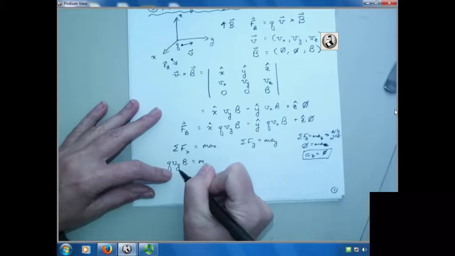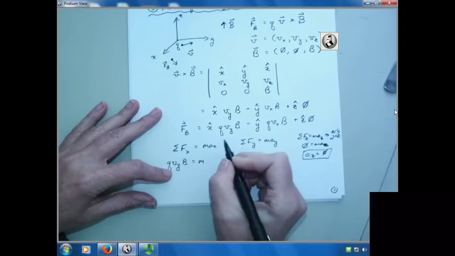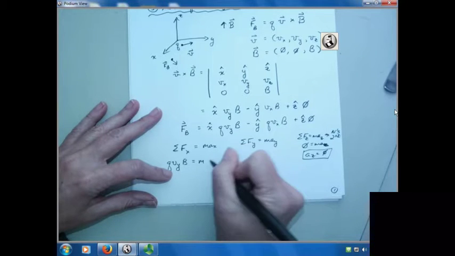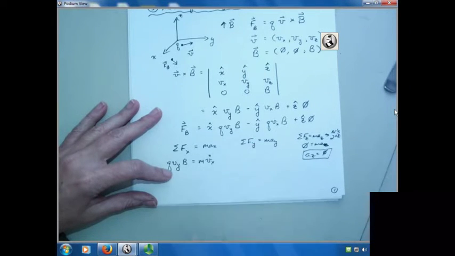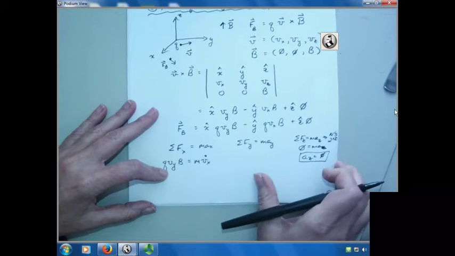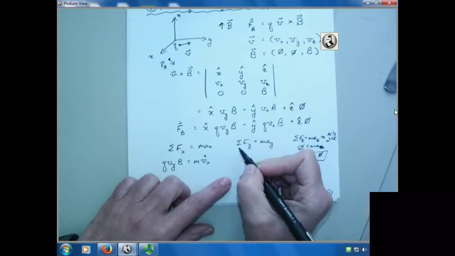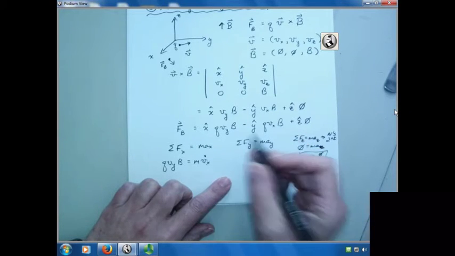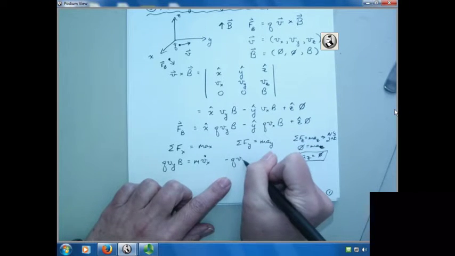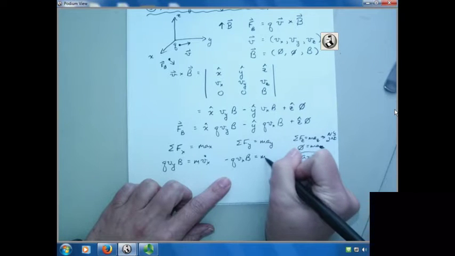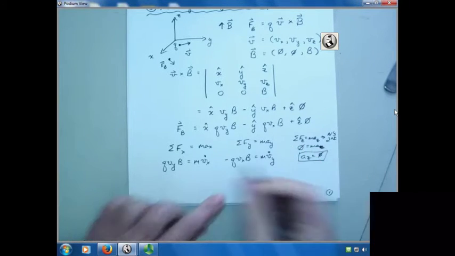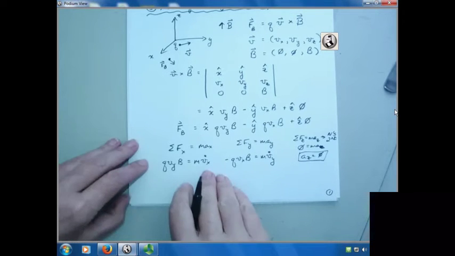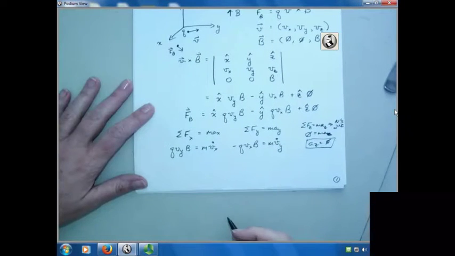Now that I see that I've got velocity in my expression for force, I want to write my expression for acceleration in a way that relates to velocity as well. So I'll write that as Vx dot. And for the y component, I've got negative q Vx B for my y component of force, and I'll write that as Vy dot, again, because I know my forces have that velocity term in them. And so that's going to be an important variable for me to deal in.